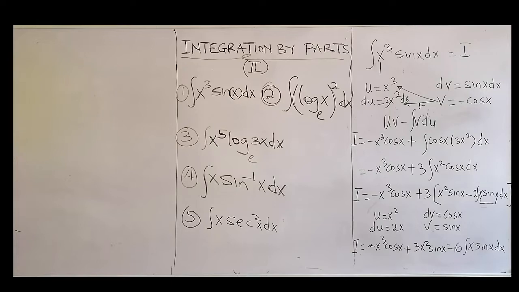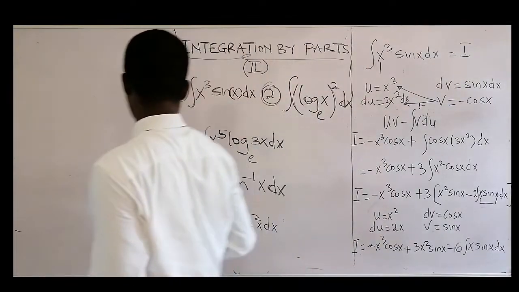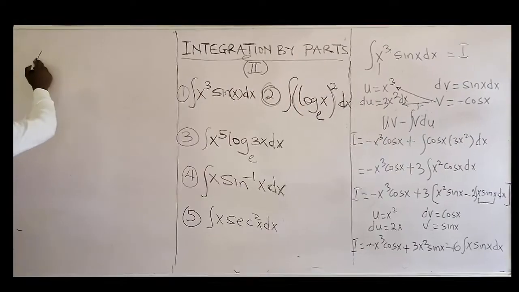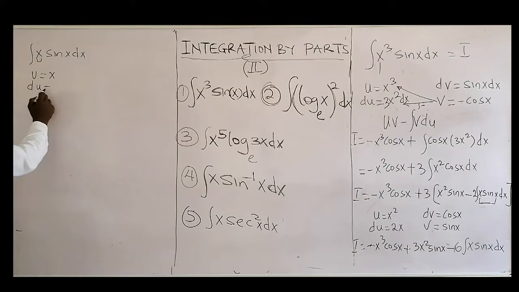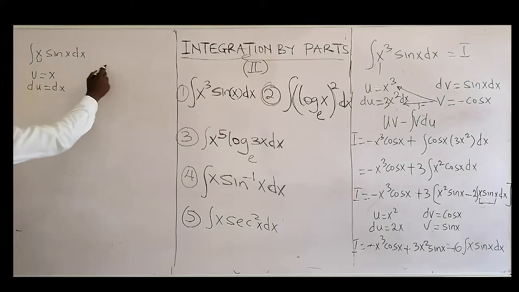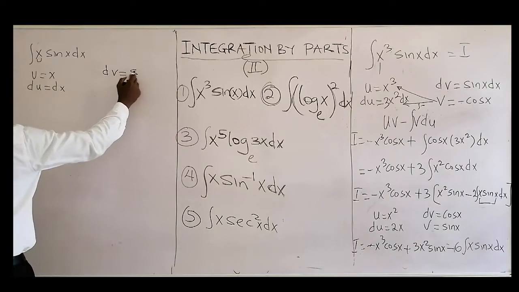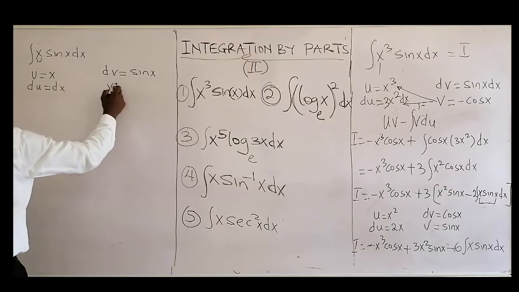So the next thing to do now is we can take this integral by parts again. This is a product, this is u, this is dv. So u is x, so du is equal to what? dx. And your dv is sin x. Which means v is what?